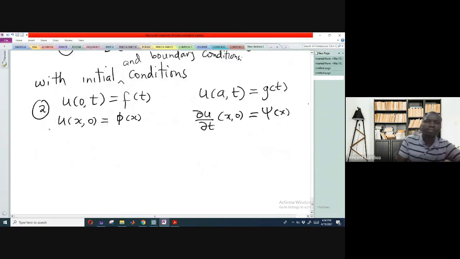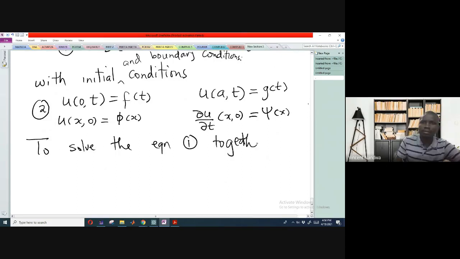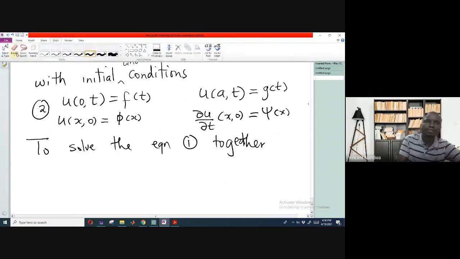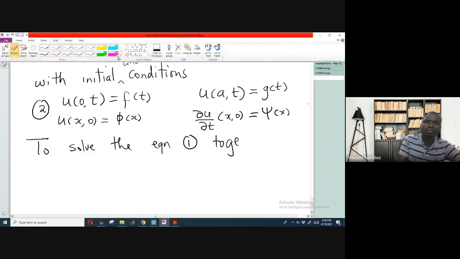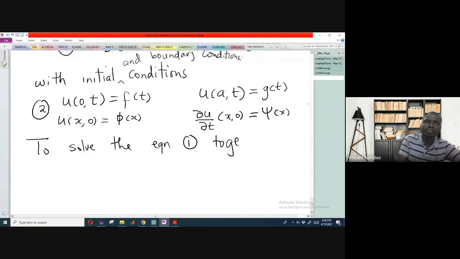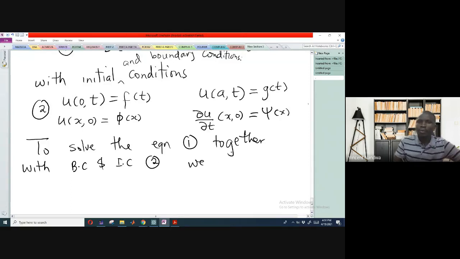So to solve the equation 1, together with the boundary conditions and initial conditions given in 2, we take the rectangular x-t axis.